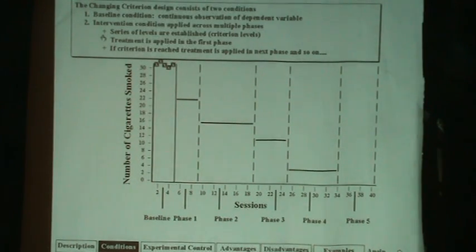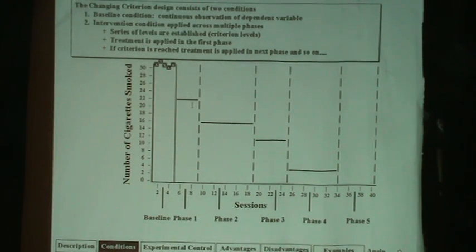So here are the steps. A series of levels are established, criterion levels. So the researcher, prior to the research, establishes sort of subjectively criterion levels. So here the researcher says, okay, so we took baseline data, now we're going to intervene, and so the first phase we're going to ask you to come down to only smoke 22 cigarettes.